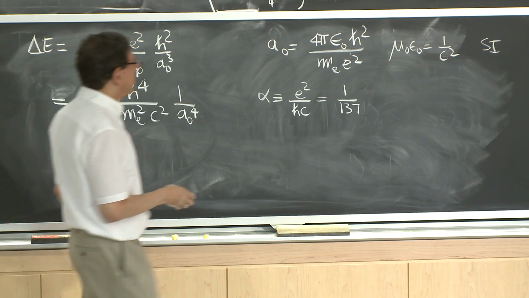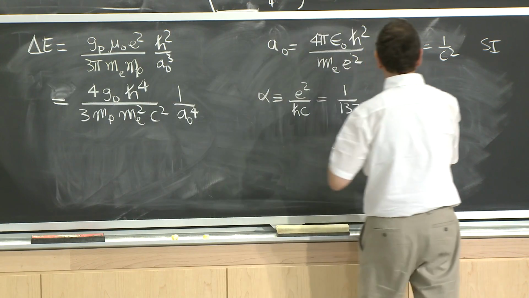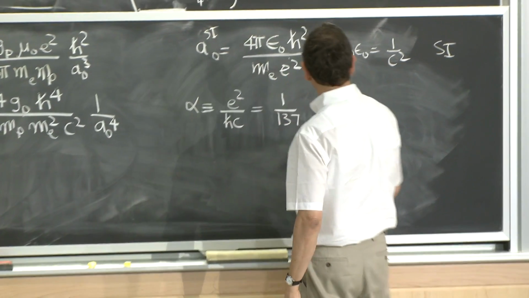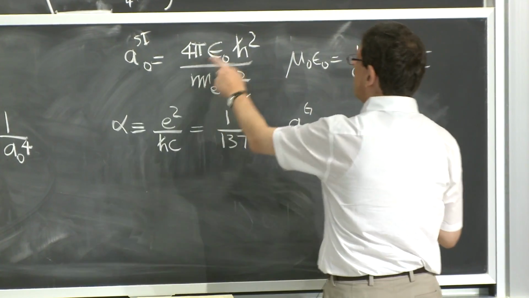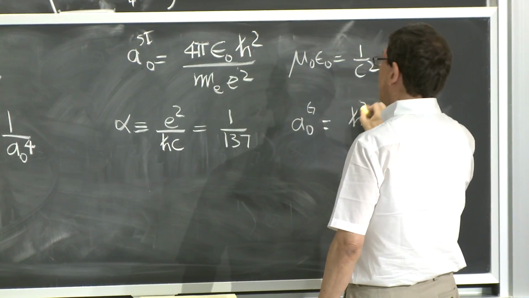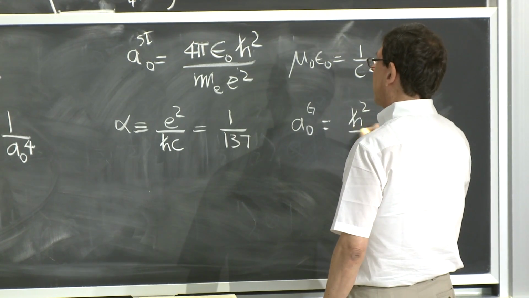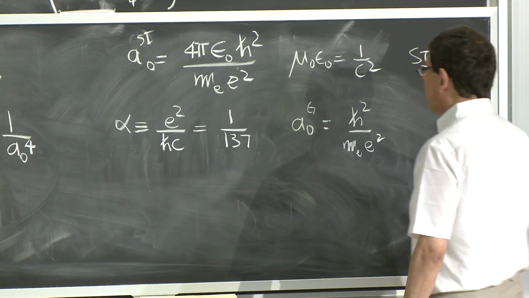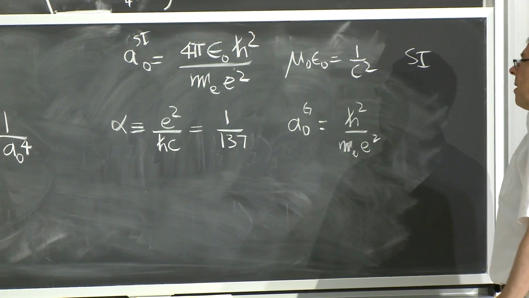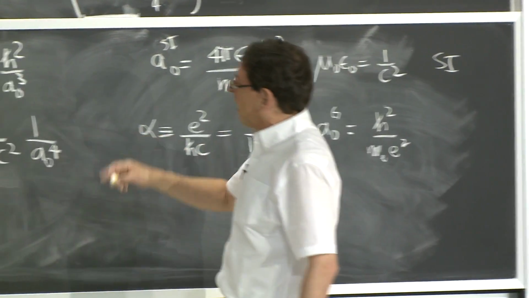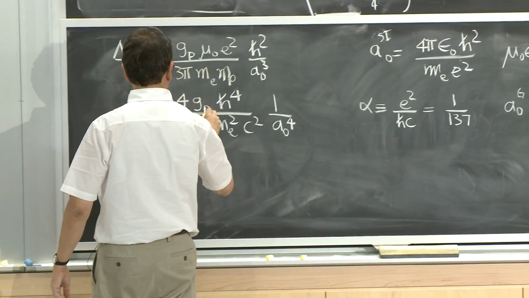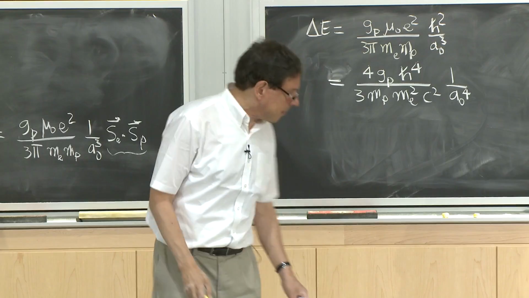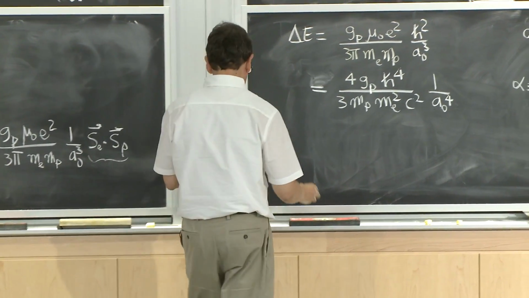In Gaussian units, A0, this is SI. In Gaussian units, it's just h squared over m(e) e squared. Only that. So this whole thing, this is GP here, can be written in a more understandable way. I'll write for you the answer.